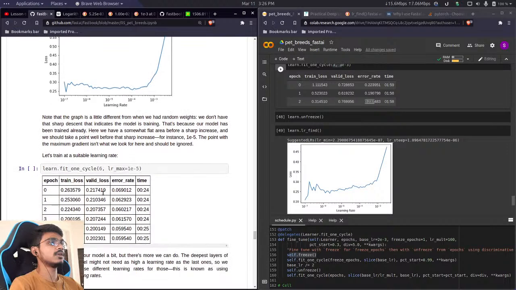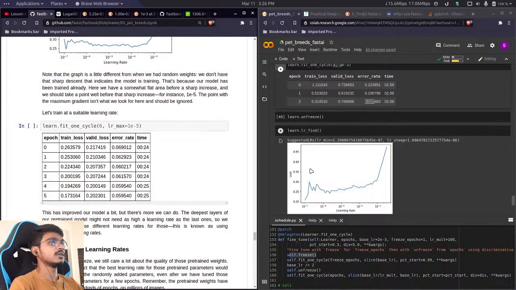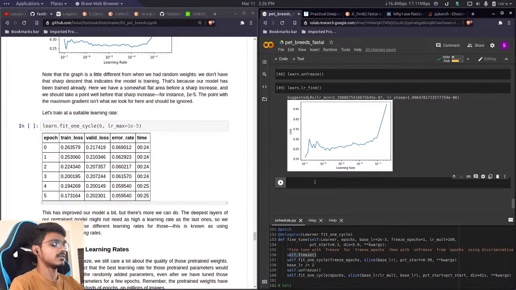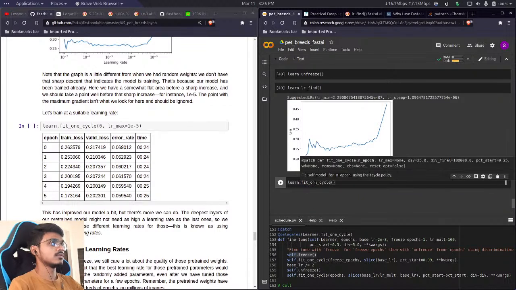This point. Okay, now let's train all the layers for 6 epochs and LR-max.